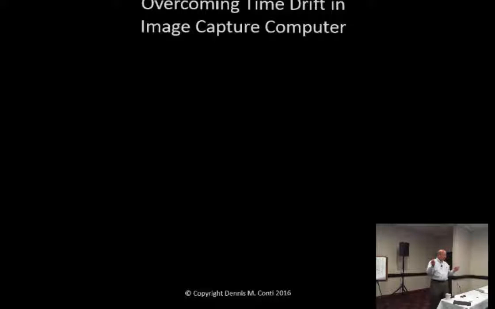All right, so now, how do we measure time? On our computers, every computer here, there's a little time drift. So to get accurate timestamps, we need to make sure the computers capturing images and putting timestamps on them are operating accurately.